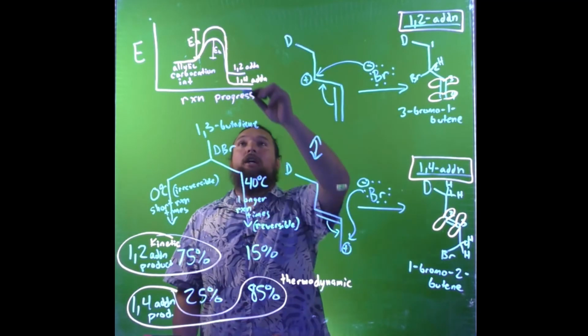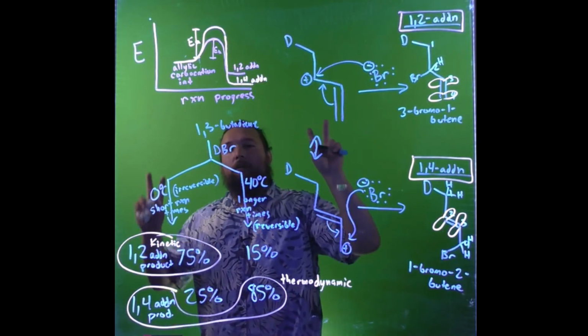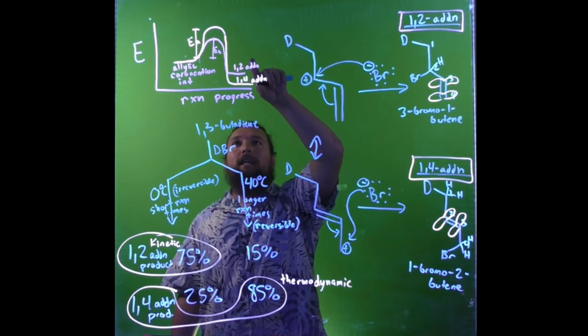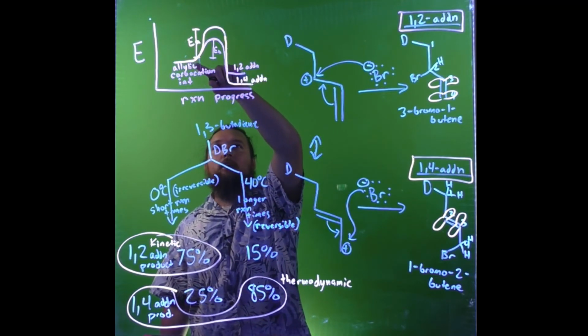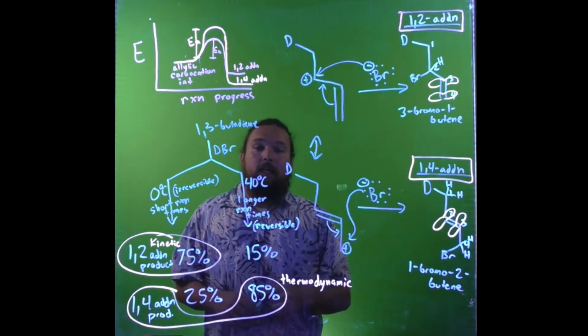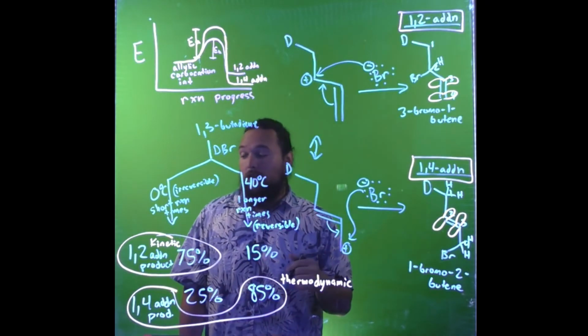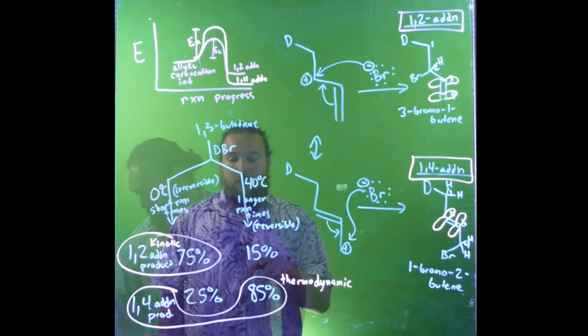Even though it was said to be irreversible, when we heat it up, it gives it more energy and forces it to where it can go back to the allylic carbocation intermediate, and now the 1,4 addition product ends up becoming the major product in this case.